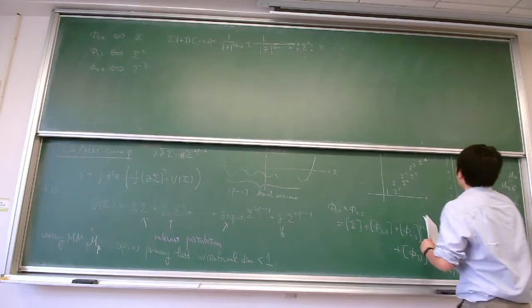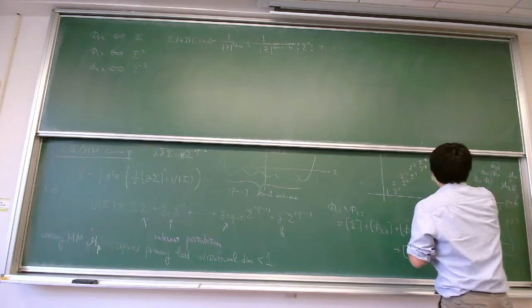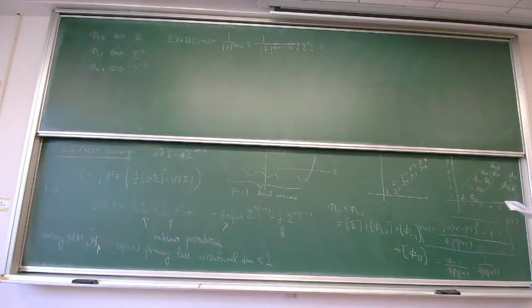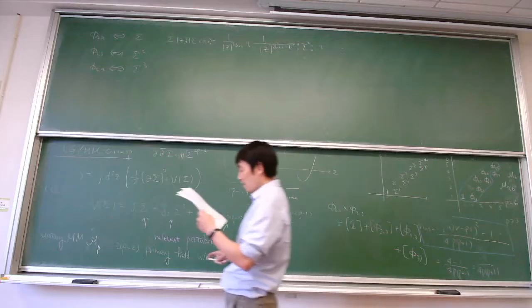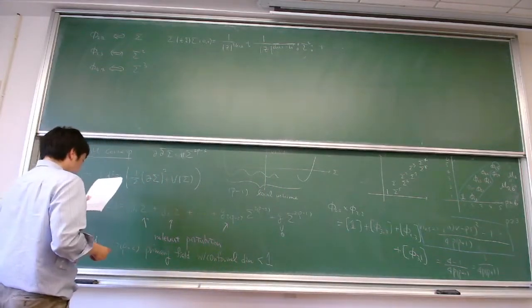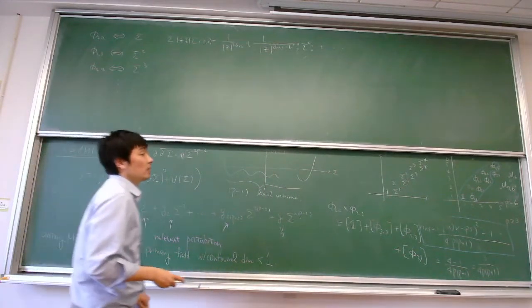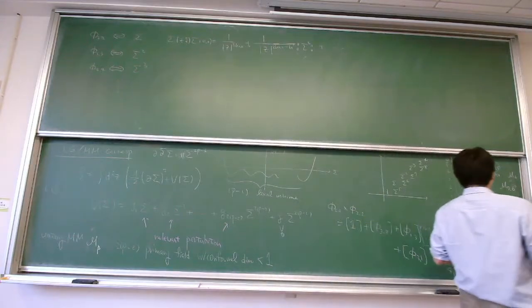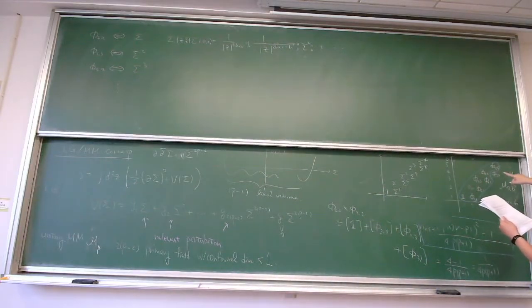I got confused. So this is sigma to the 8, right? And then, okay, so here you have sigma to the 5 and the... sorry, I got confused.